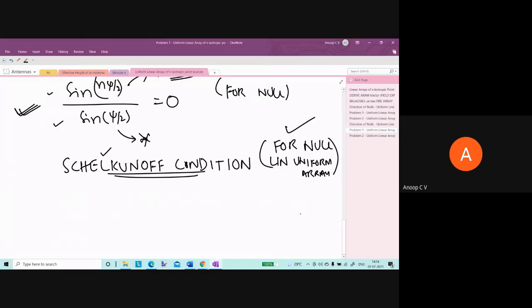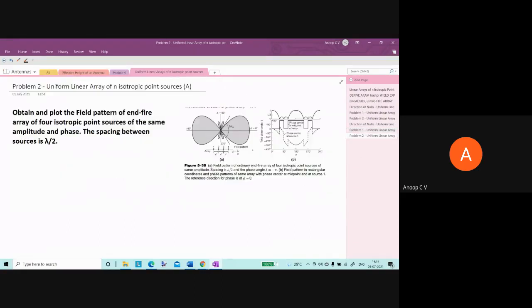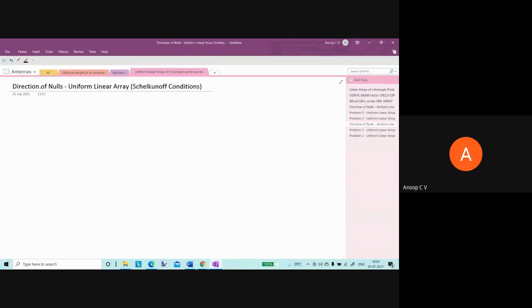Before we discuss one more problem, that is the end-fire case, I'll discuss the condition for directions of null for a uniform linear array, that is the Shelkunov condition. The Shelkunov condition says E must be 0.